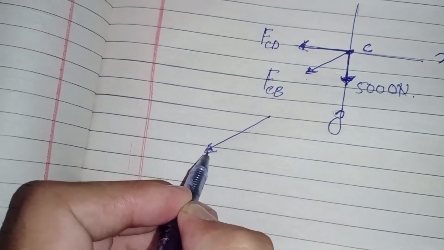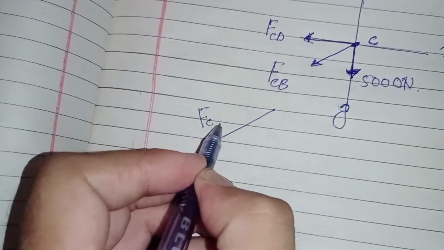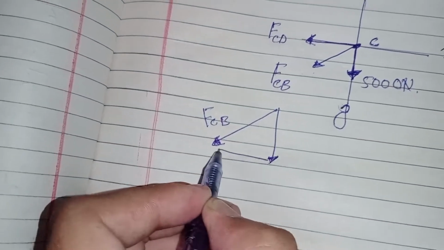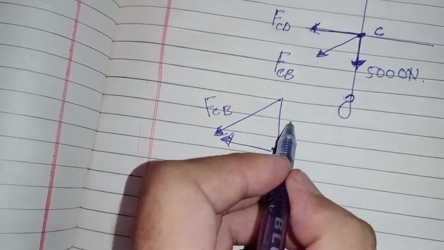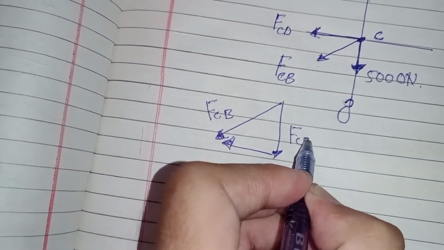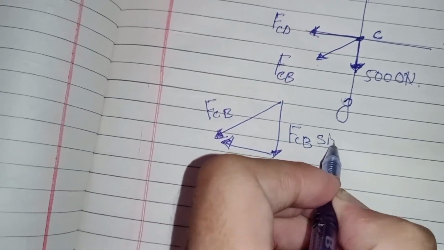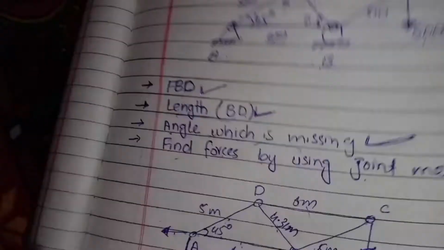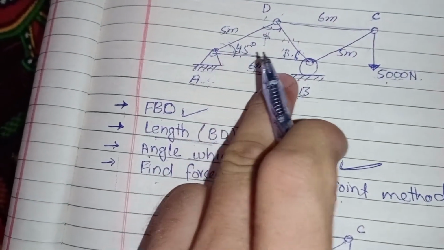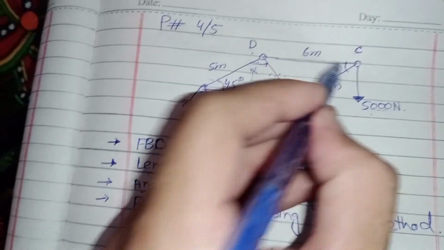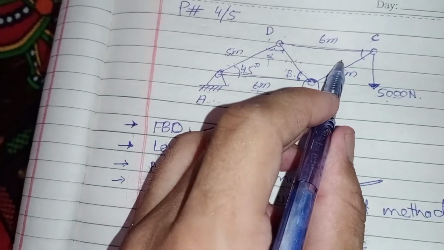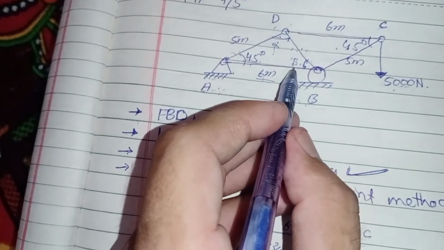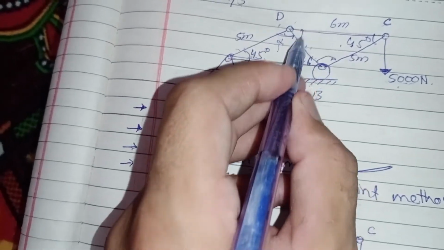So this is my original resultant force CB, and this is its vertical component, and this is its horizontal component. FCB sine, this is angle 45 degrees. This is the mirror of this 45 degrees, and this will be alpha, this will be beta.